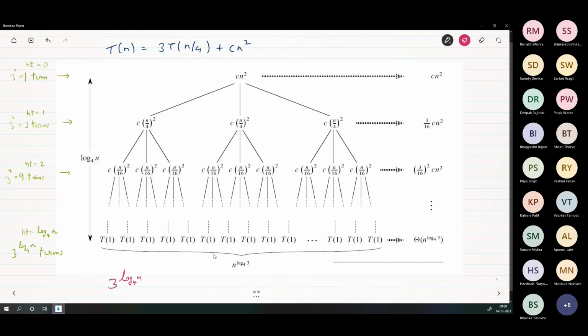The number of copies here is in fact n to the log 3 to the base 4. Let us see how it is. We are saying that it should be 3 raised to log n to the base 4, whereas in the diagram, they are giving it to be n raised to log 3 to the base 4. So how did that happen, right? Let us see how we get this.